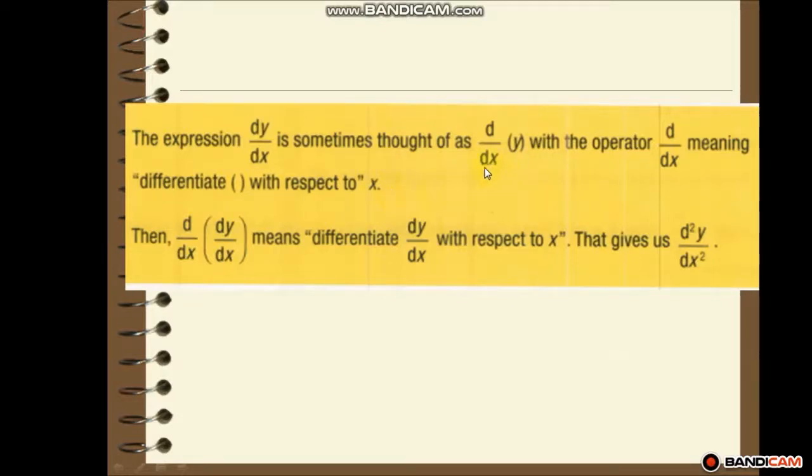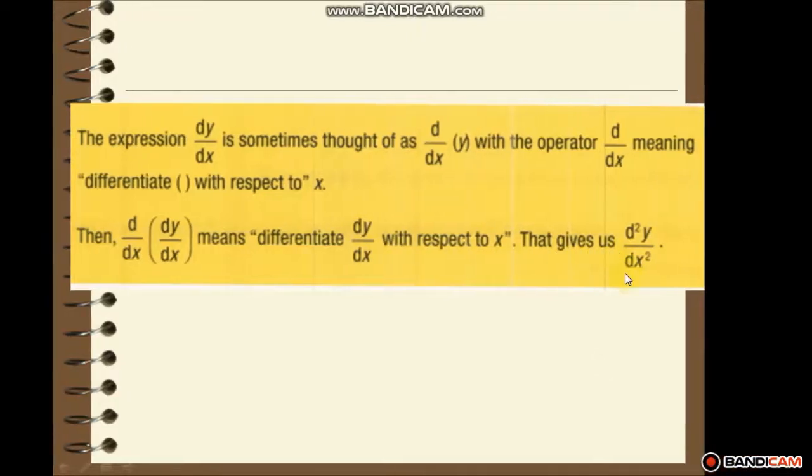And when we take the first derivative and differentiate a second time, dy over dx, it means differentiate dy over dx with respect to x, which gives us the second derivative. It means d square y over dx square.